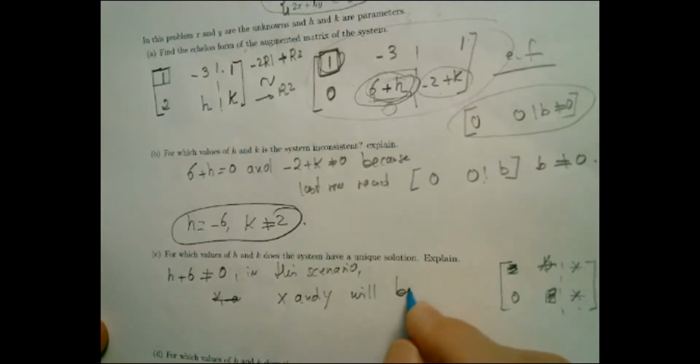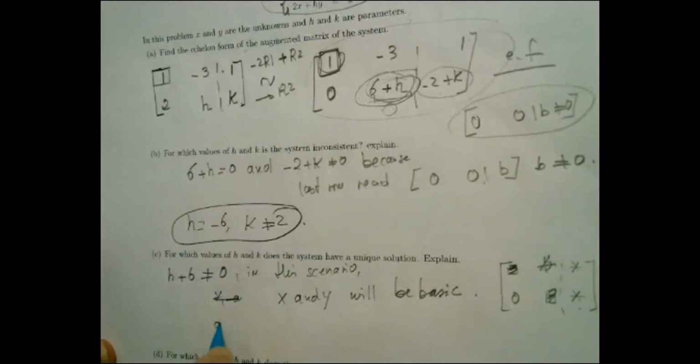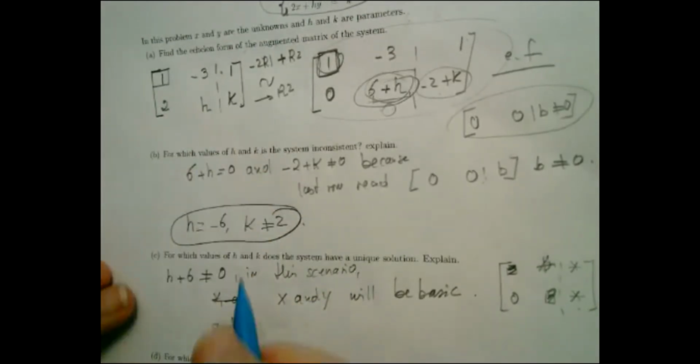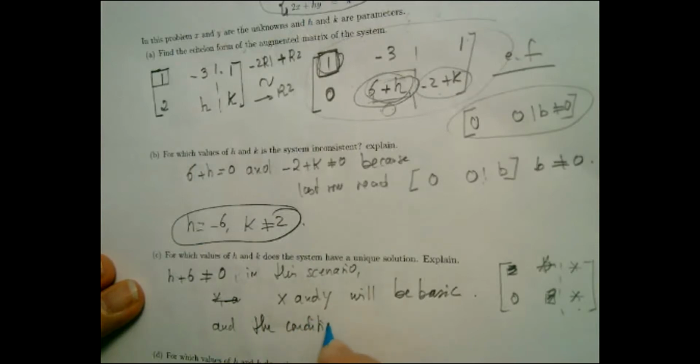We don't have any free variables. And the system is consistent under this condition. Why? Because I always have to worry about consistency.